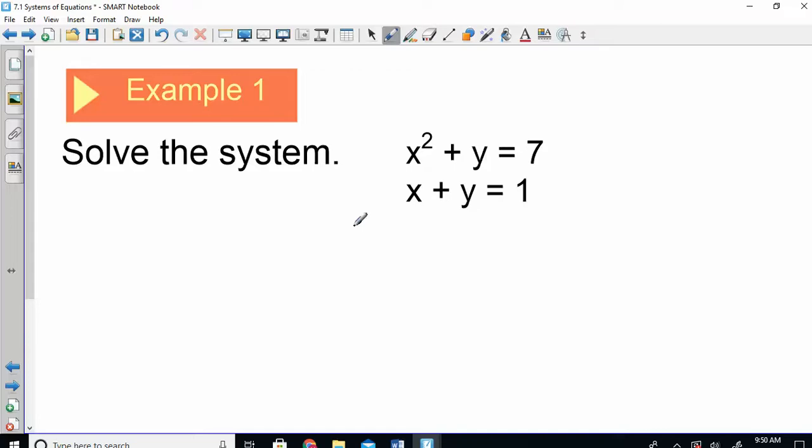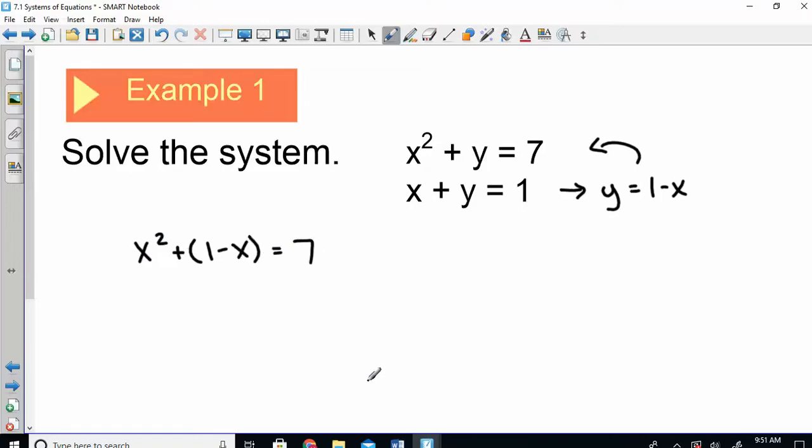The y. Okay, that'll work. If we did that, let's say I took the second one and I solved for y. So that means y is 1 minus x. Sub that into the first one. So the first one is x squared plus y, which is 1 minus x, equals 7.